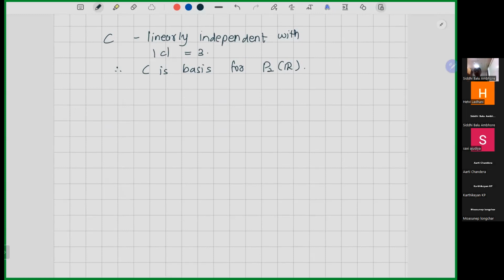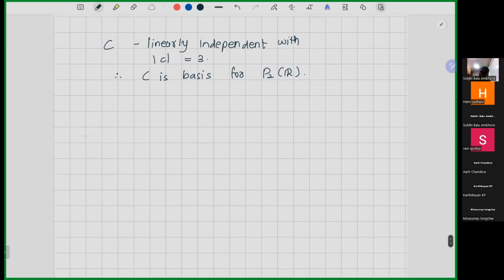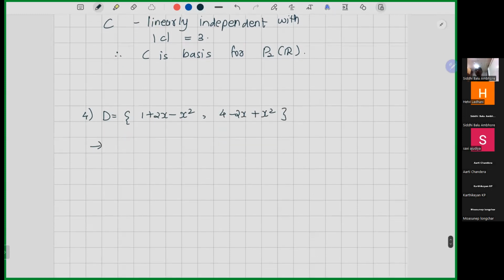Okay, no doubts. And now the last one again. Let me write D. 1 plus 2x minus x square, comma, 4 minus 2x plus x square. What is your guess? Only two elements.